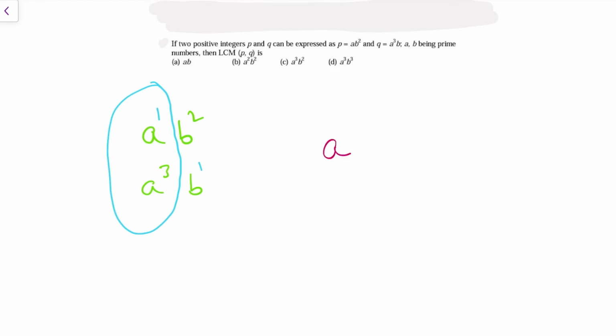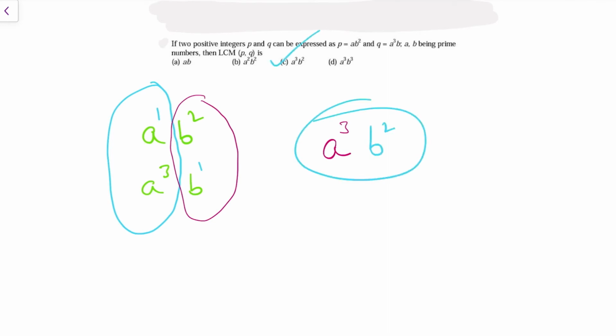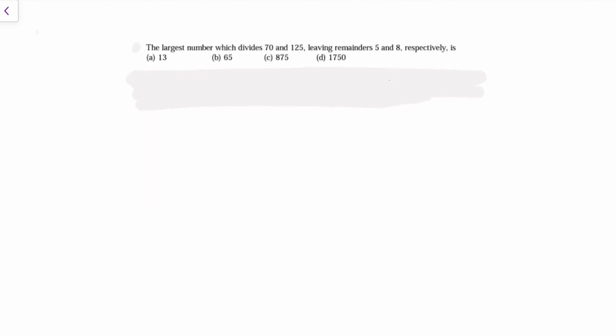So a cube. For b square and b power 1 also we need to prefer the highest power, that is b square. So our answer is a cube into b square, option C is the correct option. Actually, while pasting the pictures into this notepad, maybe by mistake I pasted the same picture 2 times, something like that happened. Next question.